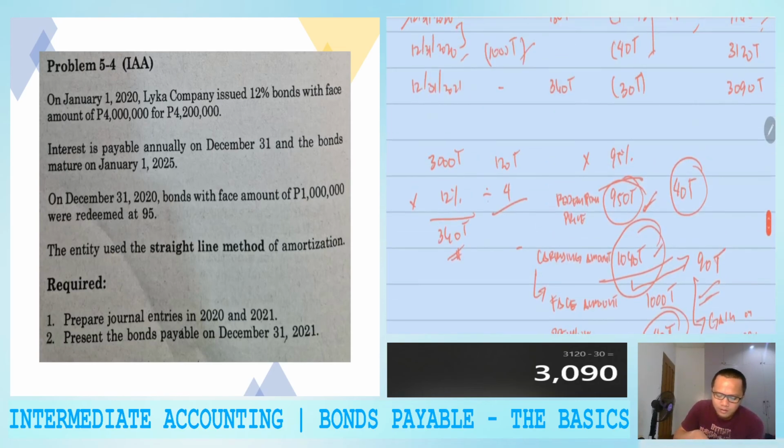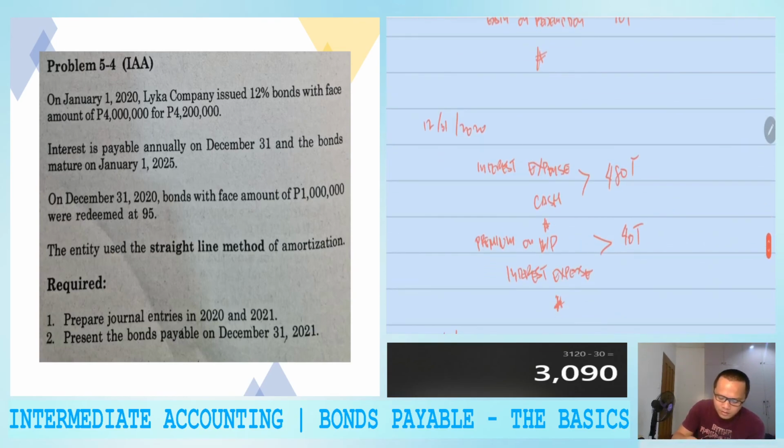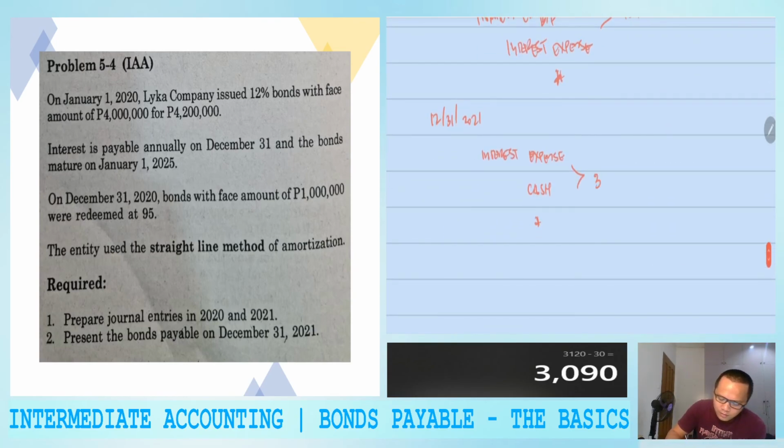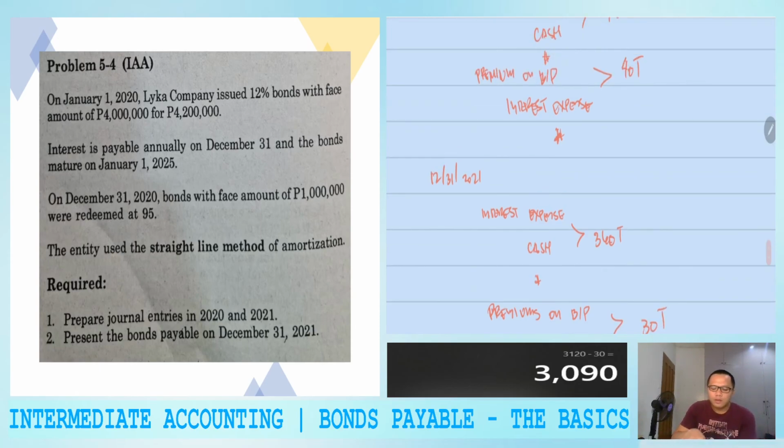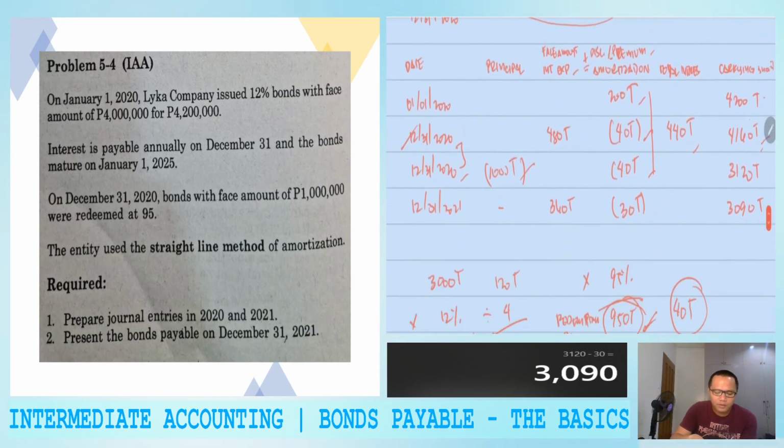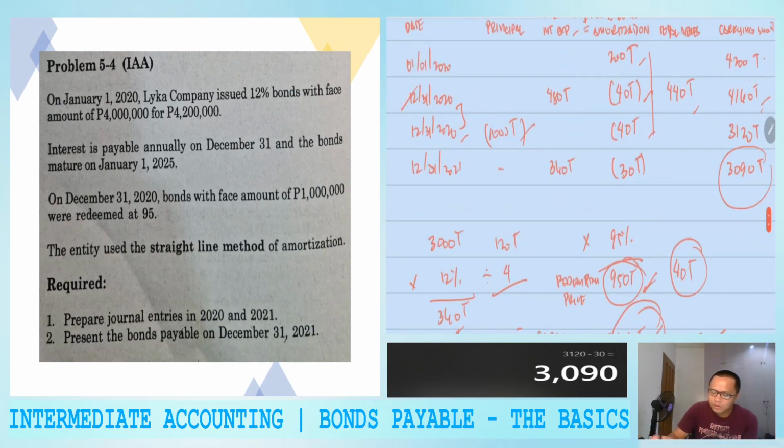At, ano yun? 360. Then, debit premiums on bonds payable, credit interest expense, 30,000.